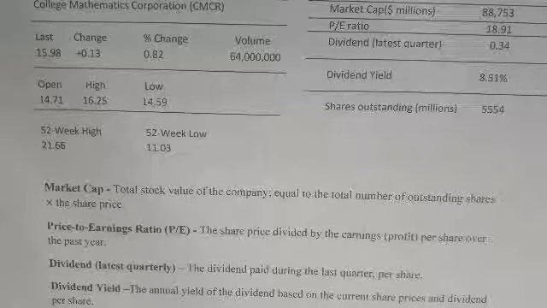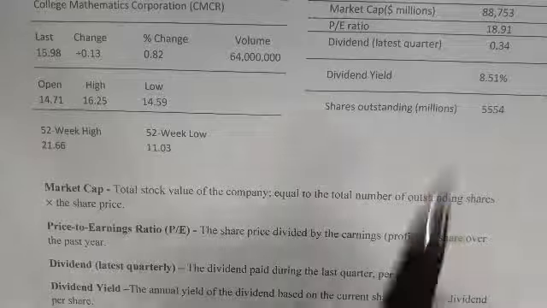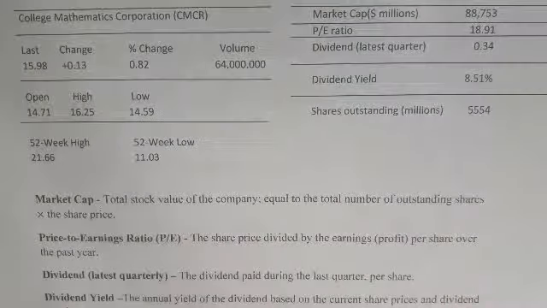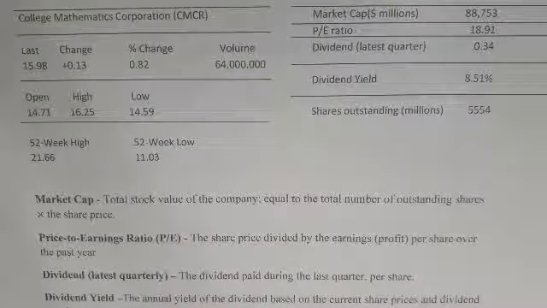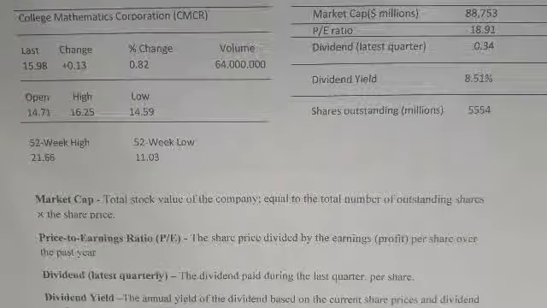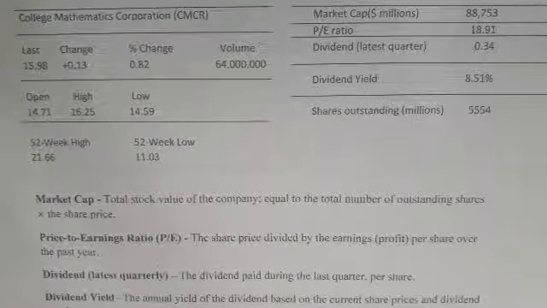And dividend yield uses that dividend and the current price to give you a percentage. And then the shares outstanding, I already talked about it, but that's the total number of shares that that company has. This is a lot of information, but we'll do an example or two probably to get at what this thing is telling me.